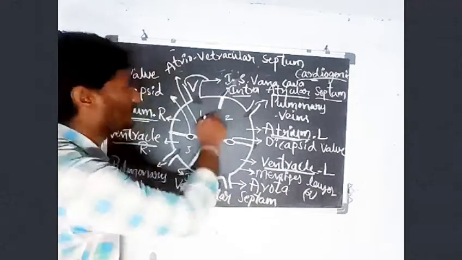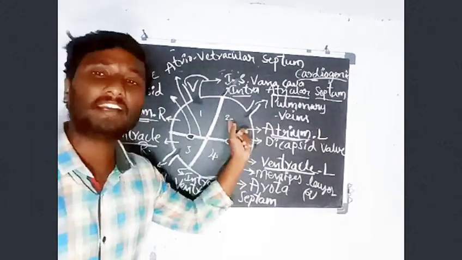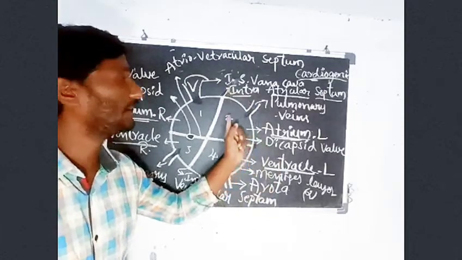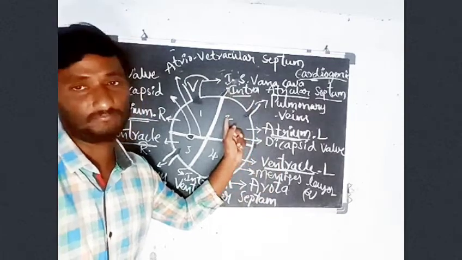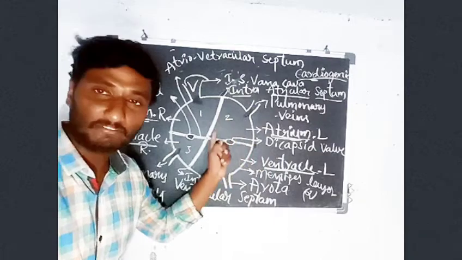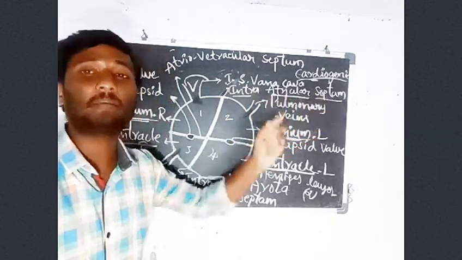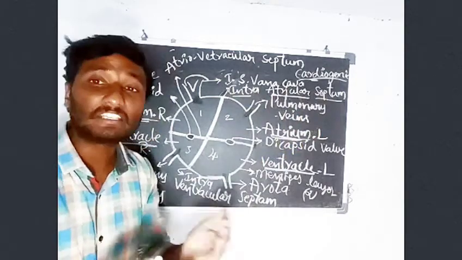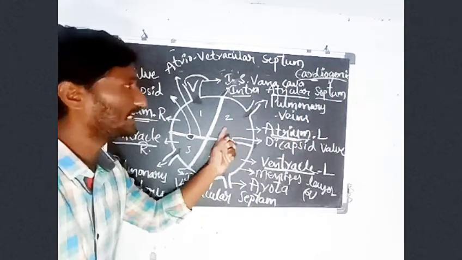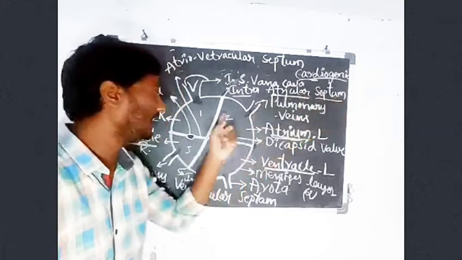If there is no septum, only one chamber is present in the upper part of the heart. With the help of this interatrial septum, inter means between the chambers. Between the two chambers, the atrial septum is there.